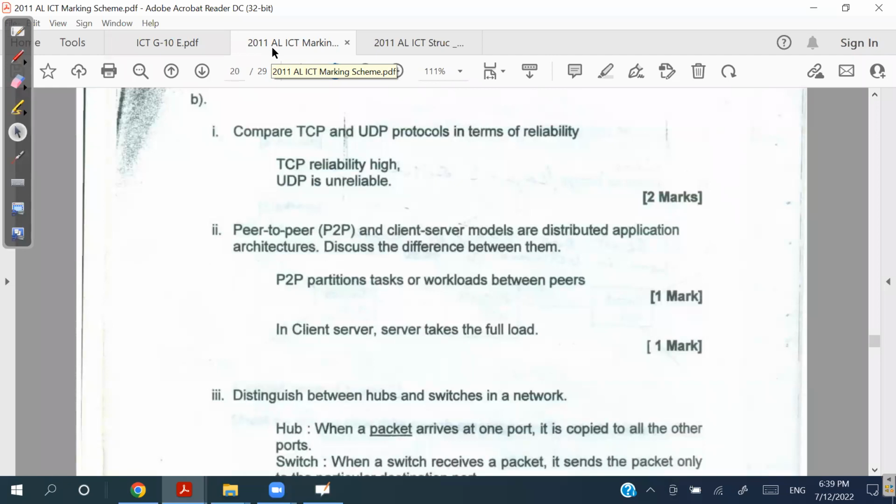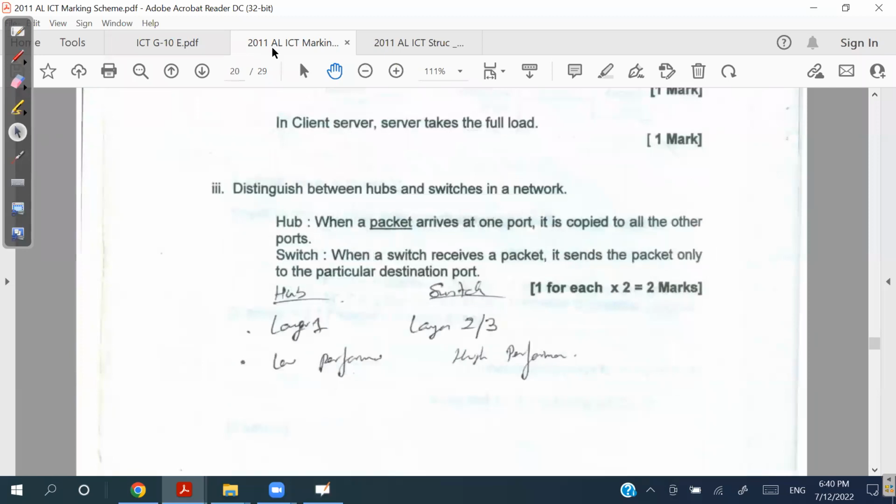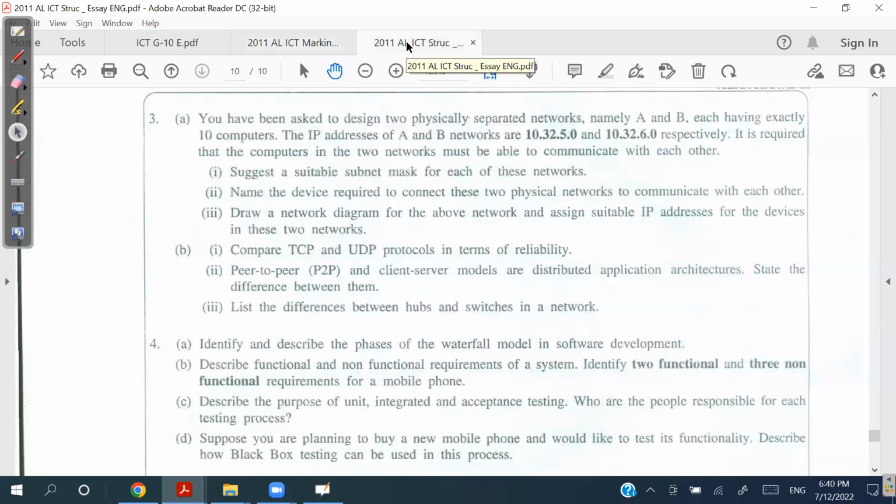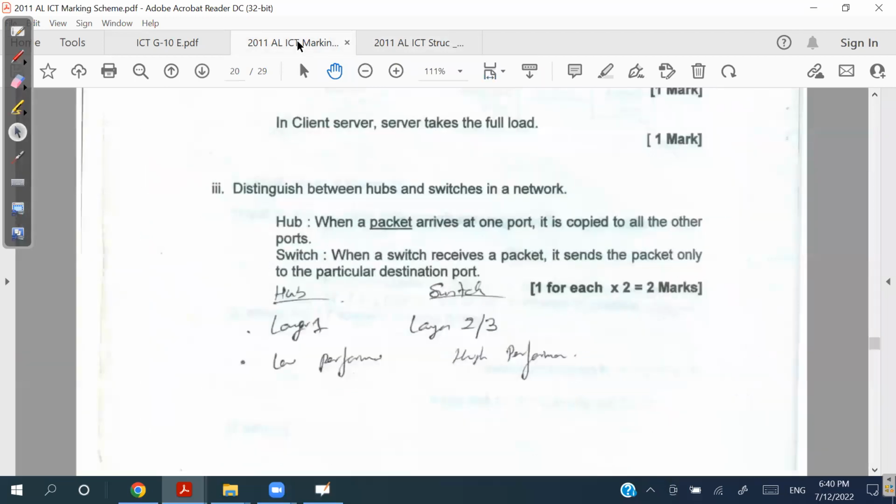So in the third part, you can write the difference between the switch and the hub. They are just asking you to list the difference between switches and hubs in a network. You can easily say a lot of things, right?